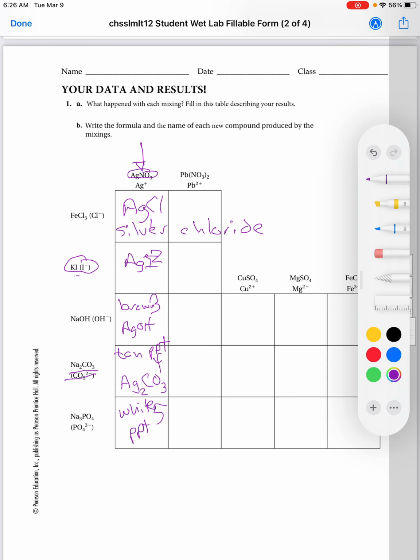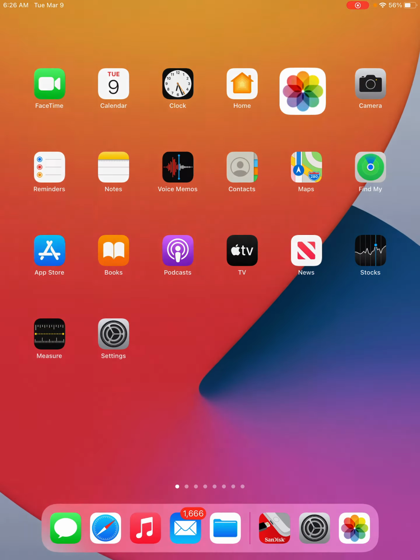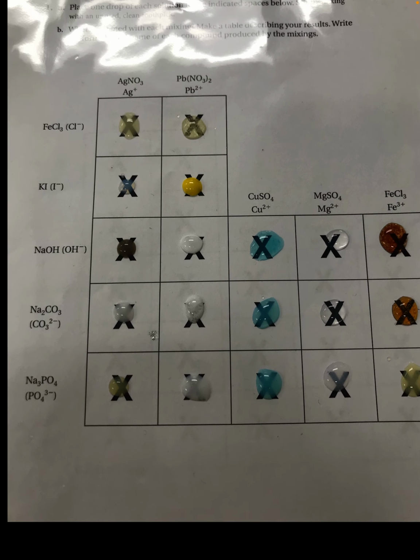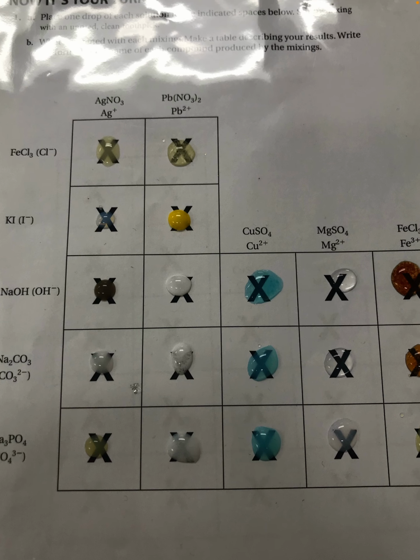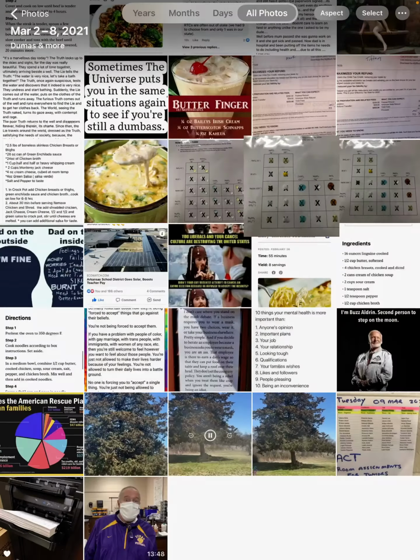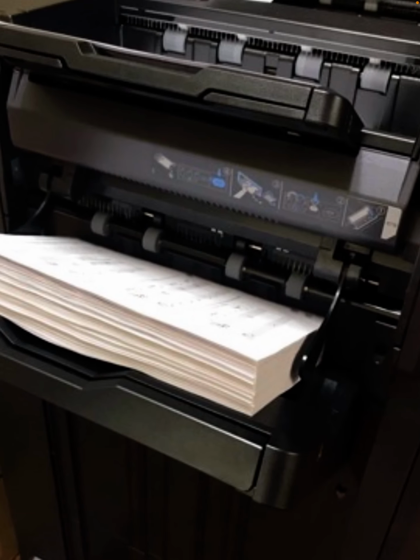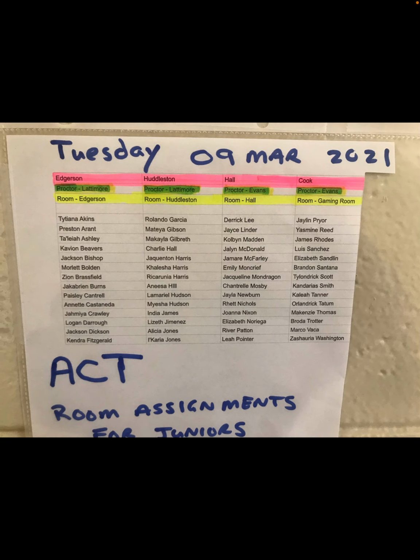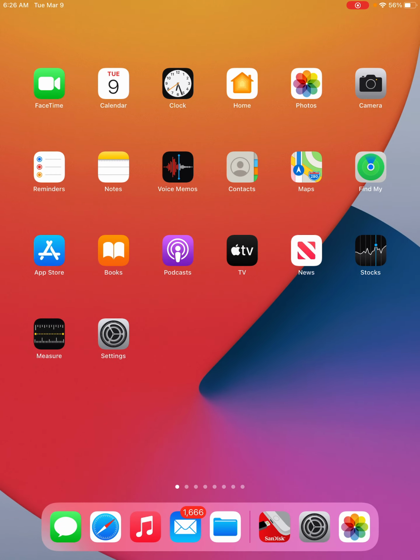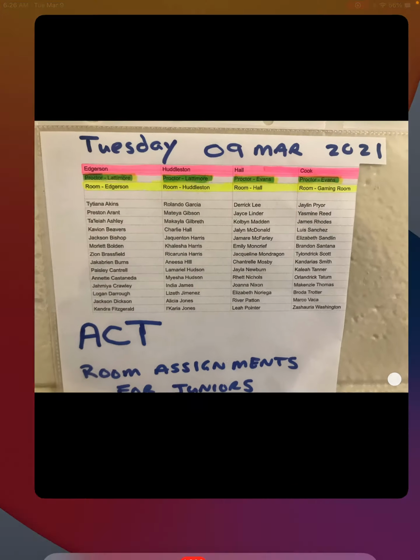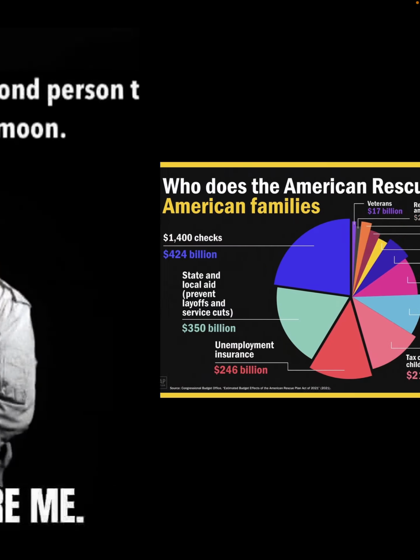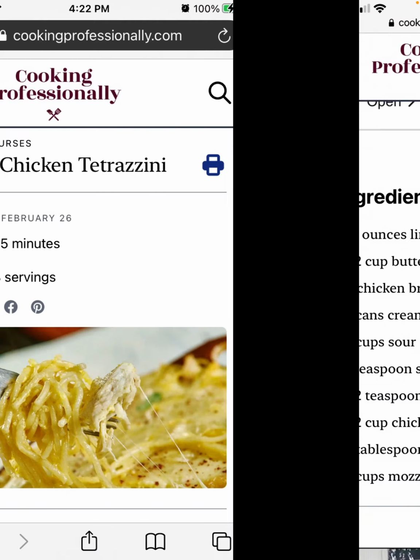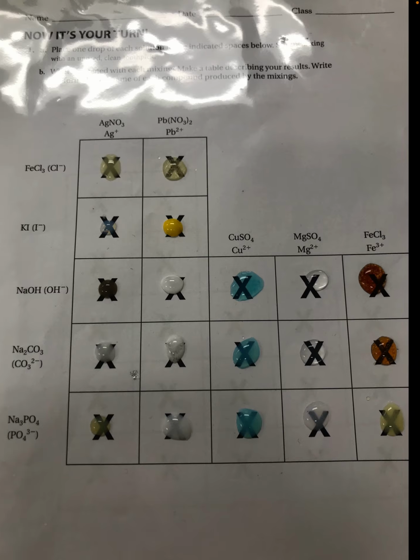And if you want to see, I will briefly open that back up because here are the results, where we had top to bottom in the silver nitrate row. If I can get that back up. Let me get back to it. My photos, here it is.